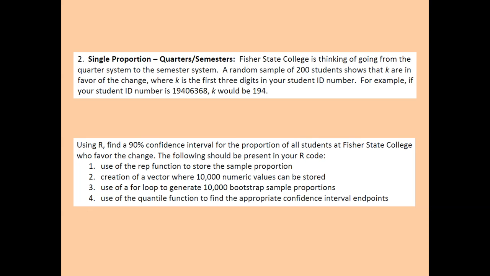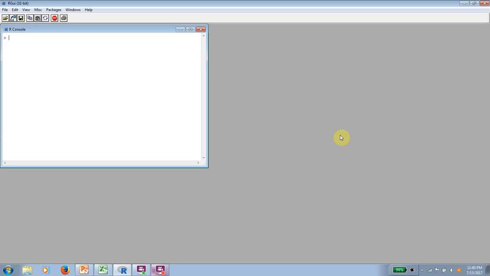Entering it in R, instead of calling it P_hat, I'll call it sample prop, for sample proportion. And then I want to use the combine function, and I have 194 successes, so I want to replicate 1 194 times.